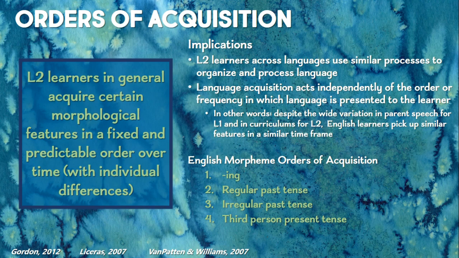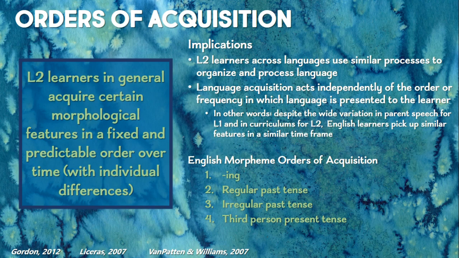Look at this list of the English orders of acquisition. The first thing that native speakers of English learn, as well as L2 learners, is first they pick up ing: going, eating, sleeping. Number two, the second thing that they're going to learn after that and master is the regular past tense. The third is irregular past tense.